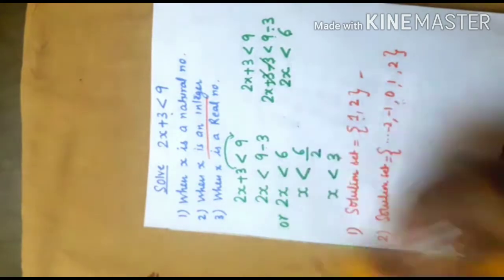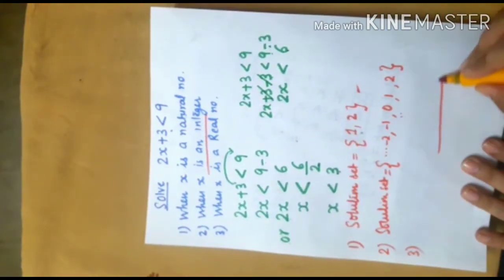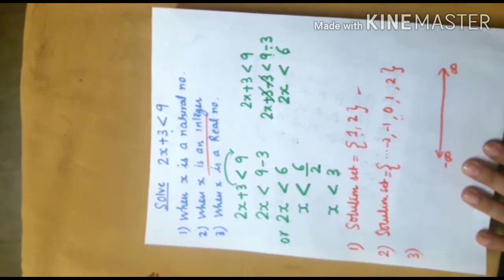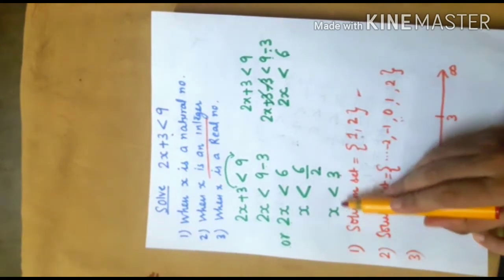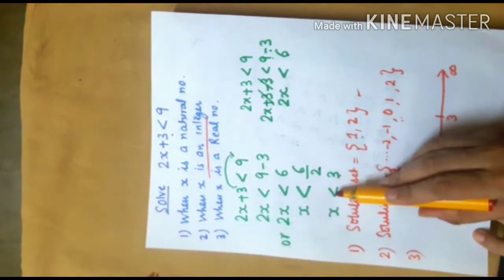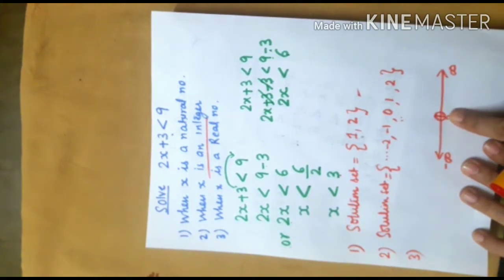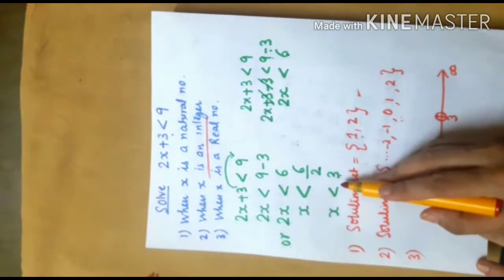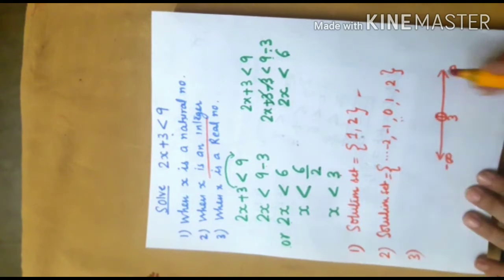Third, when x is a real number. Yes, now look here. This is the real number line, minus infinity to infinity. This is 3. X is less than 3. Strict inequality, so hollow circle. That means 3 is not a part of the solution. So x is less than 3, numbers less than 3 lie on this side.